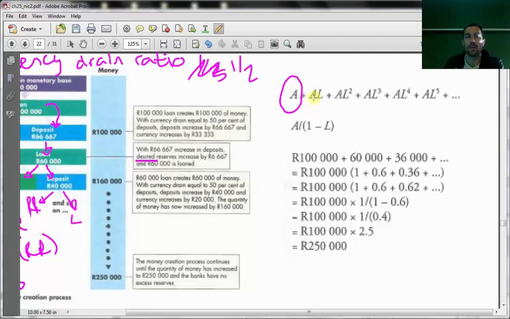Then the next time we lend, it's that same proportion times the amount that was lent before. So we've got A, then L times A, plus L times AL, plus L times AL squared, etc. And so we have our geometric sequence. Now you know that the sum of a geometric sequence we can write as A divided by 1 minus L.